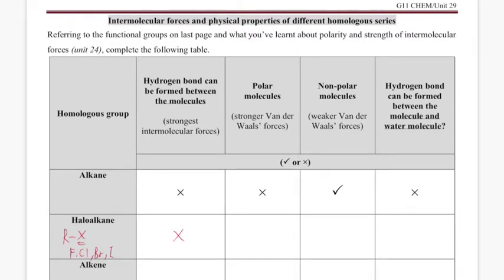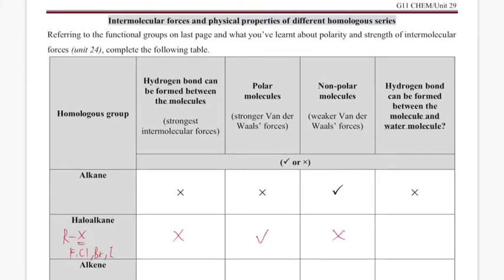And then we're going to consider whether haloalkanes are polar or non-polar. In the majority of cases, because it contains a polar bond, carbon to these halogens, it will form a polar molecule.